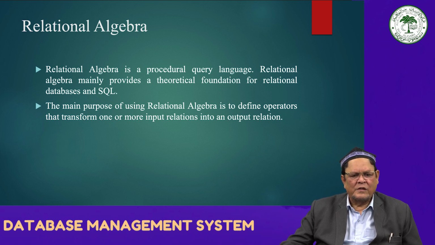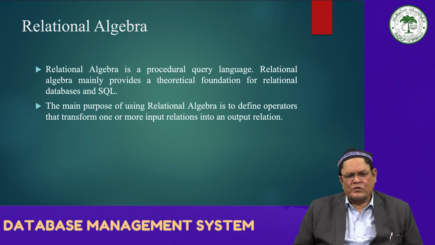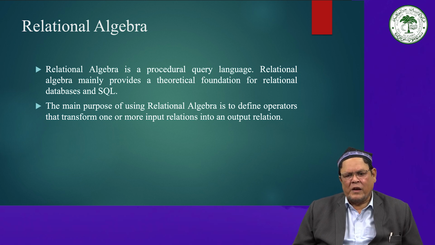Moreover, we must know some other important things about relational algebra. Relational algebra is a procedural query language. It mainly provides a theoretical foundation for relational databases and structured query language. The main purpose of using relational algebra is to define operators that transform one or more input relations into an output relation.